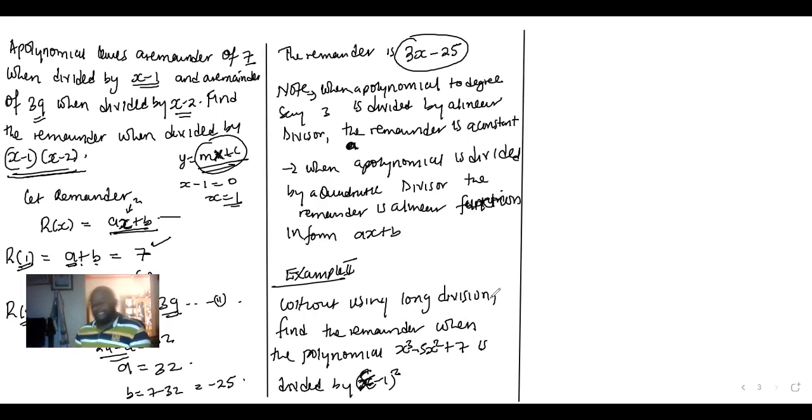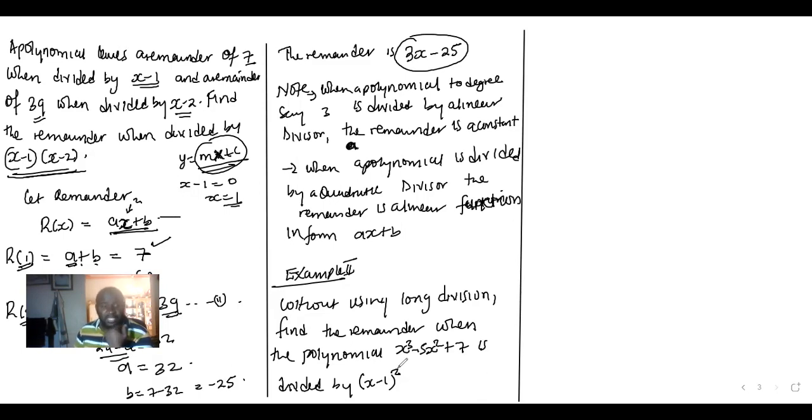Okay, Lutu, read the question. Without using long division, find the remainder when the polynomial x cubed minus 5x squared plus 7 is divided by x minus 1 squared.